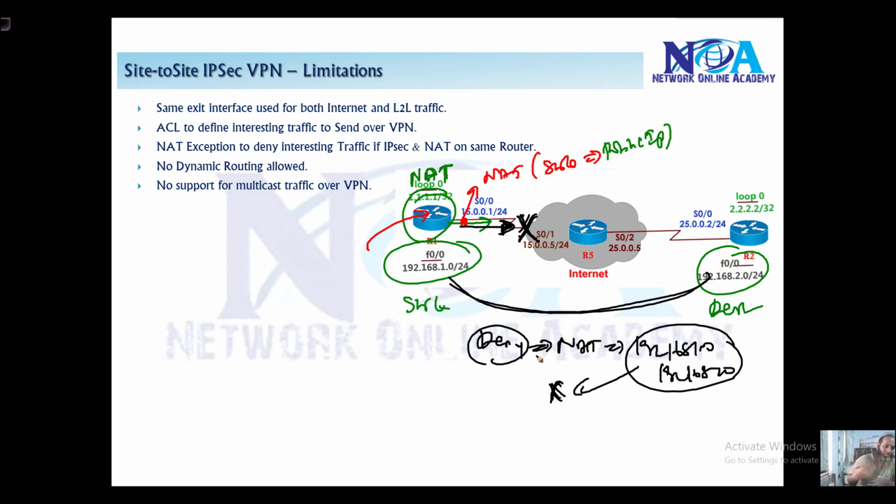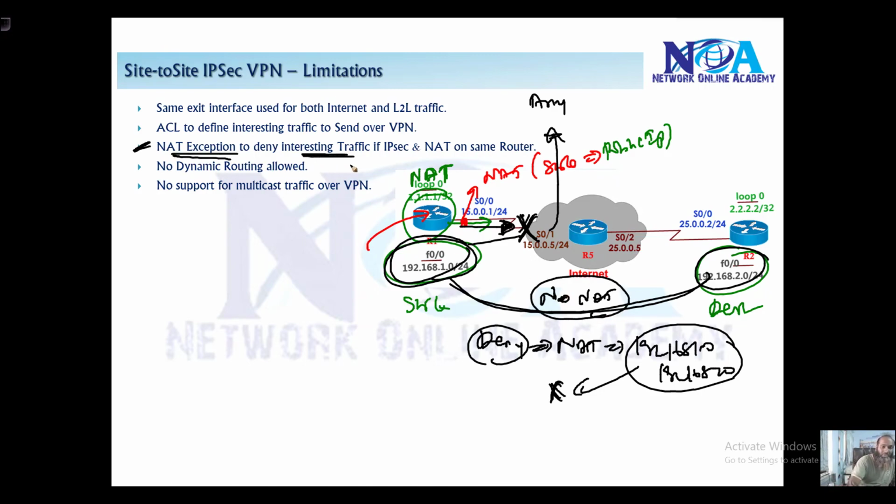So again, you have to write another statement saying don't translate if the traffic is going from 1 to 2, do no NAT. And if the traffic is going from 1 dot network to any other destination, do the NAT, translate it to the public IP, but not with this one. So again, you can see the complexity will increase when you are combining the IPSec VPN with NAT. Again, we must configure NAT exemption. That's no NAT for the interesting traffic. The IPSec traffic should not be translated.